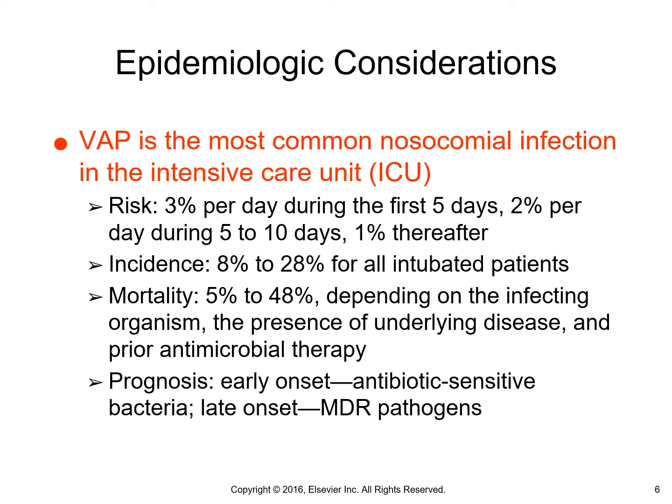VAP being the most common in the ICU, but there's other ones that patients can get. I wrote down a few other ones. I'm sure they're from the textbook too. A UTI, so urinary tract infection from catheters, sepsis from their IVs and central lines, and surgical wound infections. Okay, so those are also nosocomial risks.